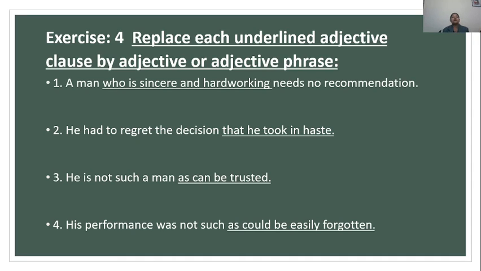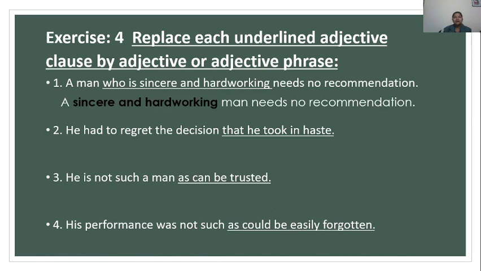Clear? Now here my sentence is: a man who is sincere and hardworking needs no recommendation. Who is sincere and hardworking means a sincere and hardworking man. Fine? So it will be: a sincere and hardworking man needs no recommendation. Now next sentence. He had to regret the decision that he took in haste.